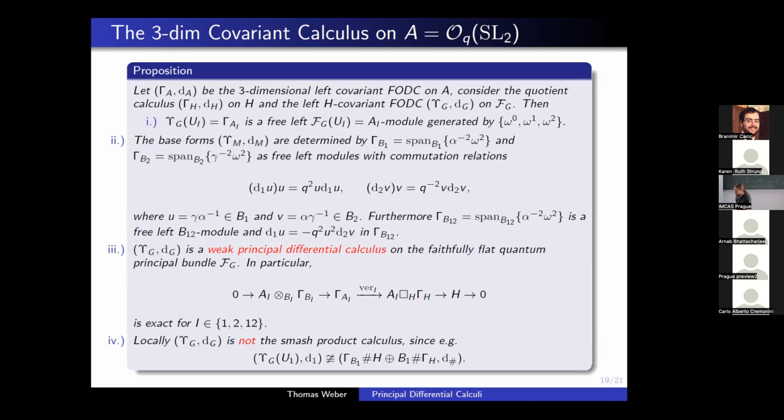It's a very interesting idea, that if you take this Ore localization, then you get calculi.